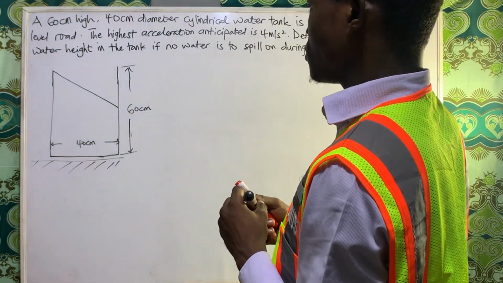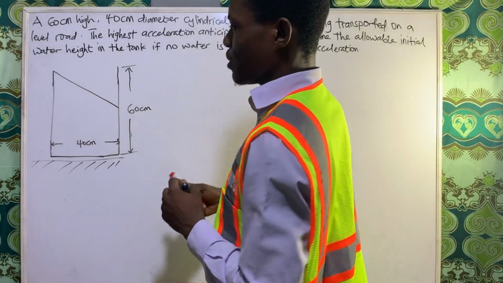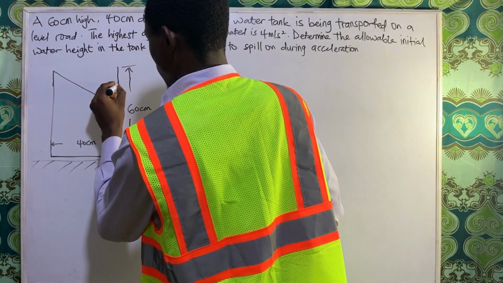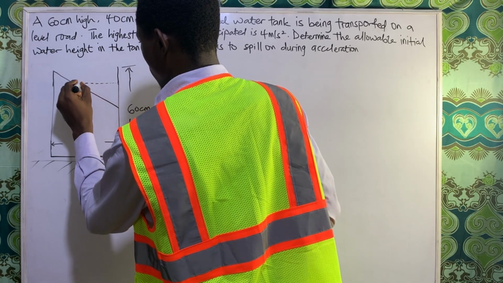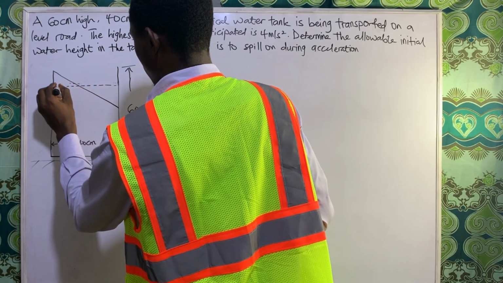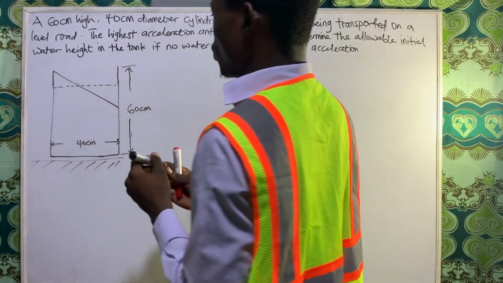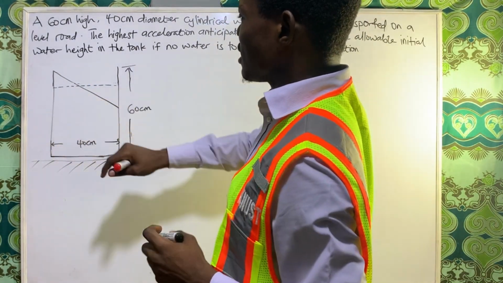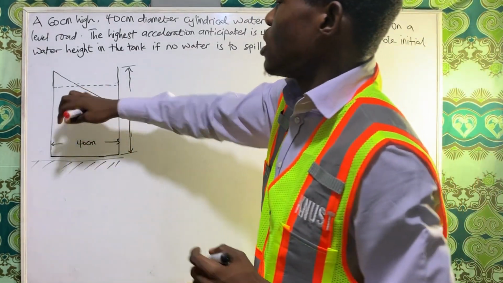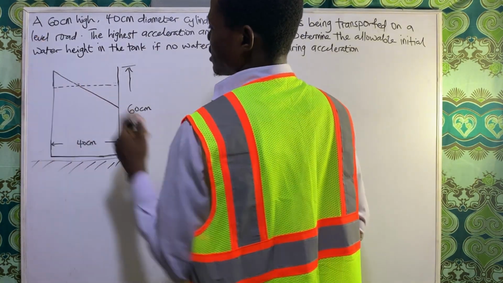Now there are certain things we are to identify on the diagram. We have these dashes here, which show the maximum height the water is supposed to reach to avoid spillage. If it gets above this height, there will be spillage.